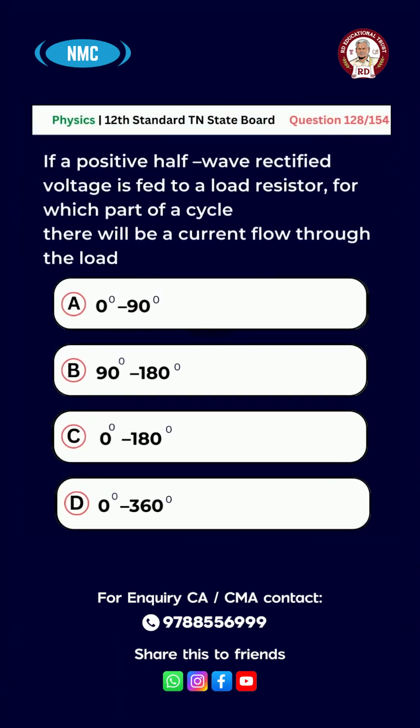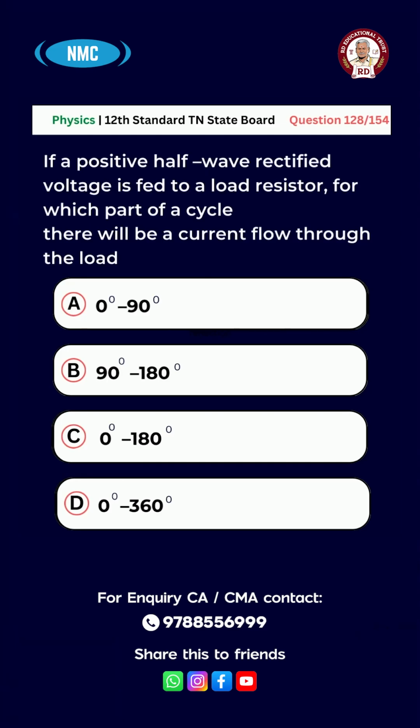Question number 128. If a positive half wave rectified voltage is fed to a load resistor, for which part of a cycle will there be a current flow through the load? Option A, 0 degree to 90 degree; B, 90 degree to 180 degree; C, 0 degree to 180 degree; D, 0 degree to 360 degree.